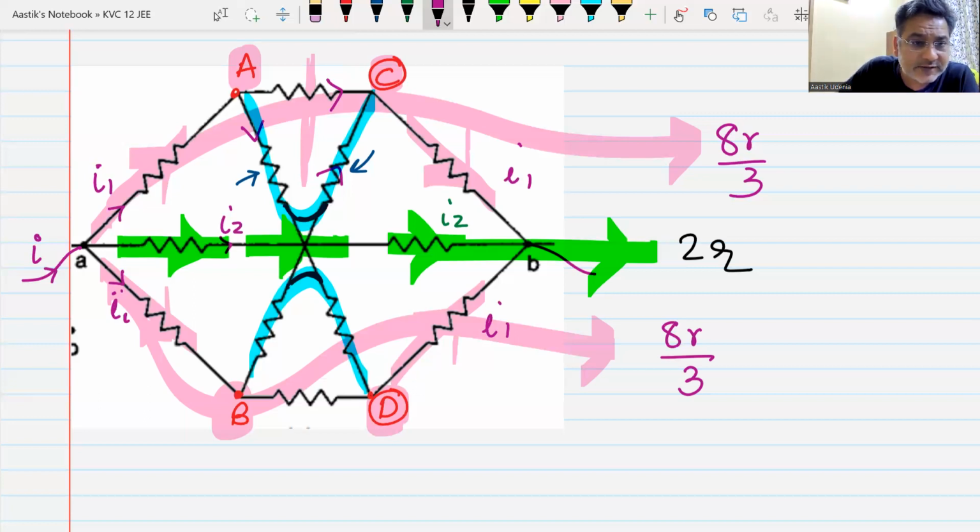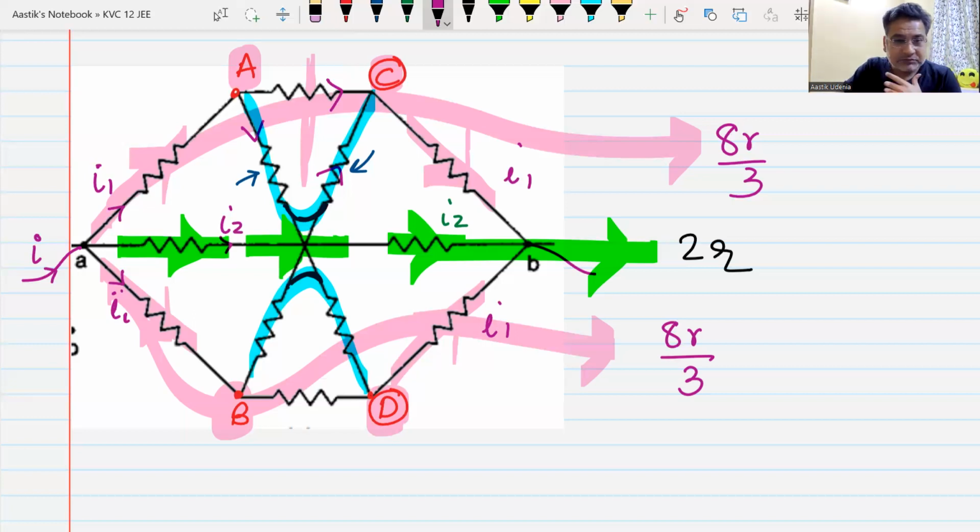Now this is one that I'm going to give you. Again, remember the concept remains the same. How I apply that concept is what you have to understand. Whenever you get a question on series parallel combination, it will be based on symmetry.